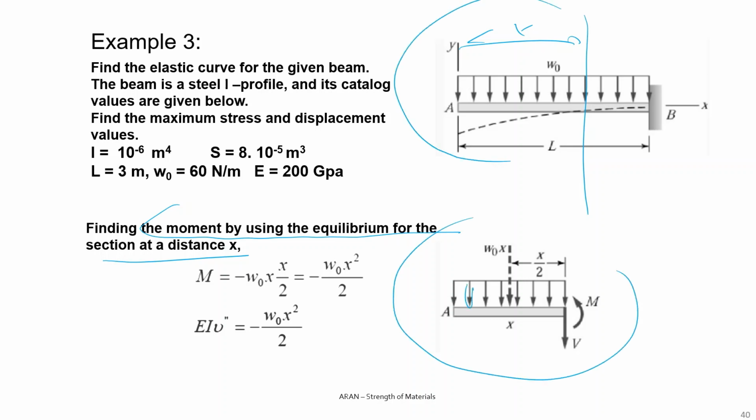For this distributed force, I put the effective force in the middle, W0x, having a distance x over 2, and my m value will be minus W0x squared over 2, and my equation for double integration will be like this.